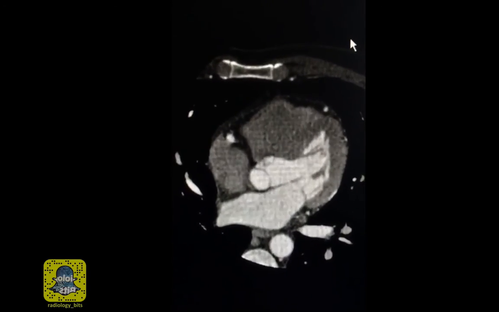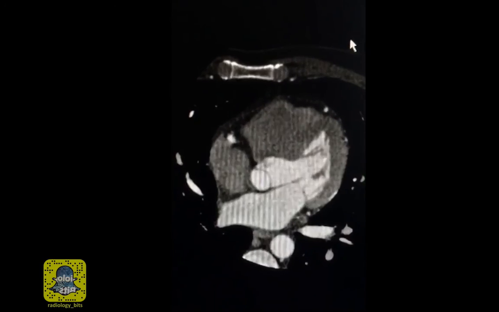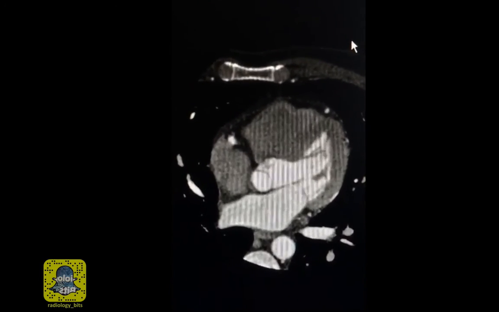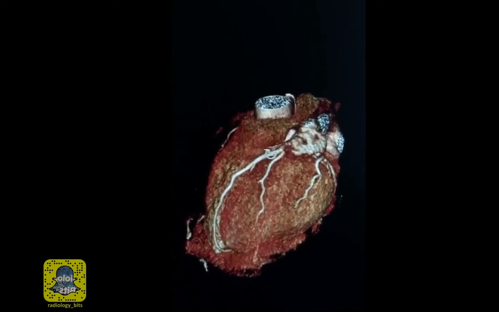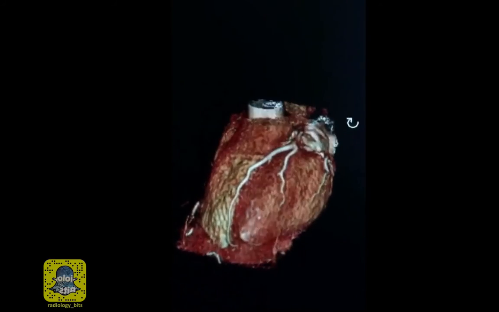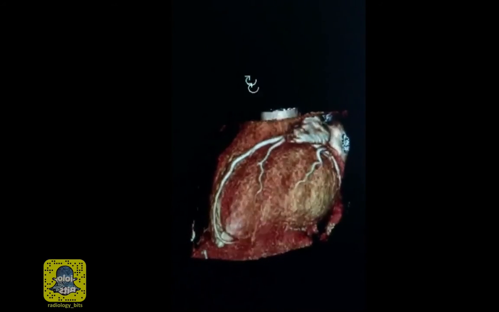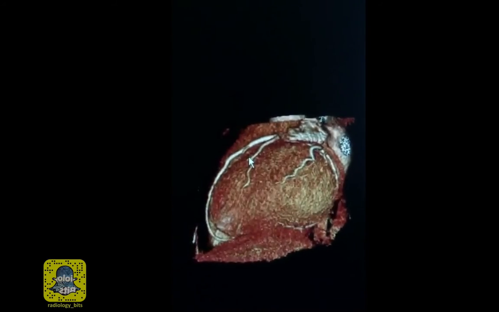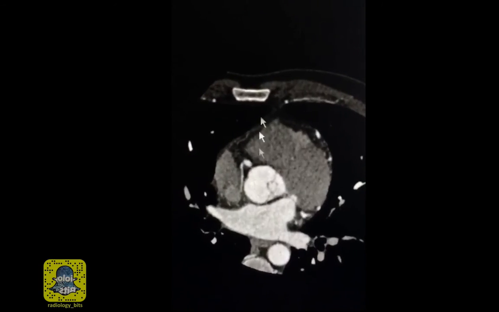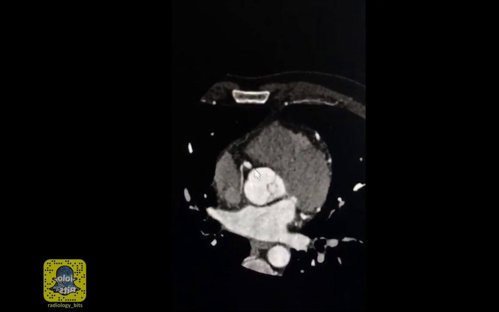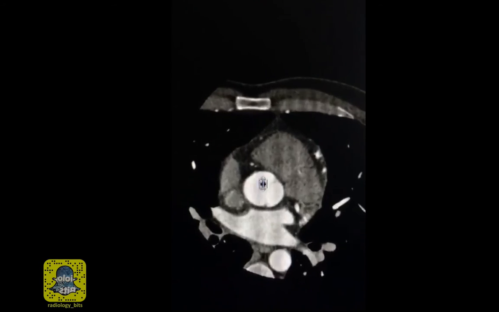So let's revise. Cardiac CT is ECG synchronized. You could look at the heart with different reformats and 3D reconstructions. The commonest indication to do a cardiac CT is to look at the coronaries, however, you could do it for non-coronary findings.